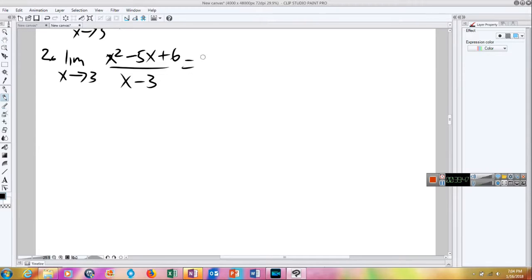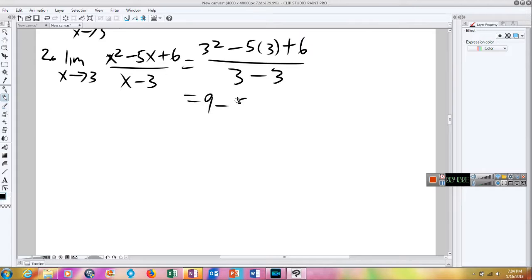We're going to say 3 squared, because we put 3 where the x is, minus 5 times 3 plus 6 over 3 minus 3. So you'd say 9 minus 15 plus 6. That equals 0 over 0, and we cannot have this.